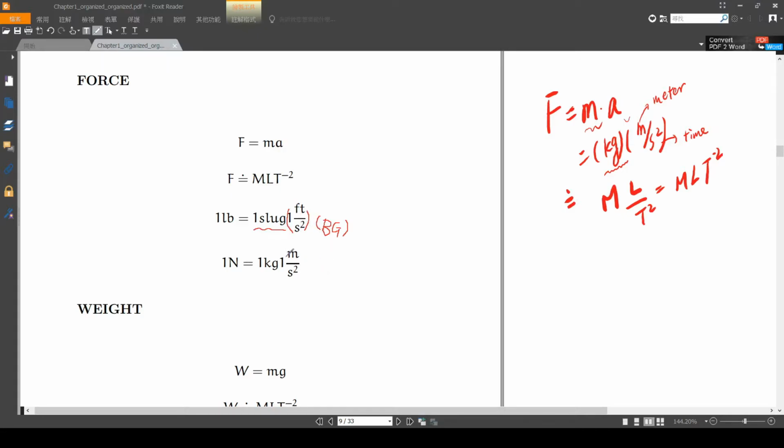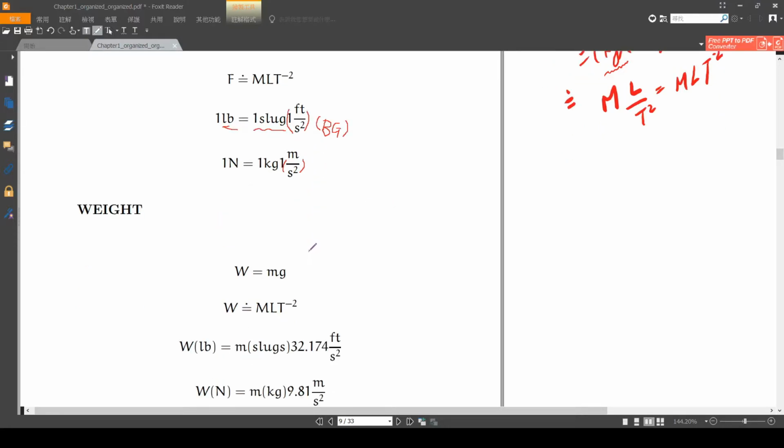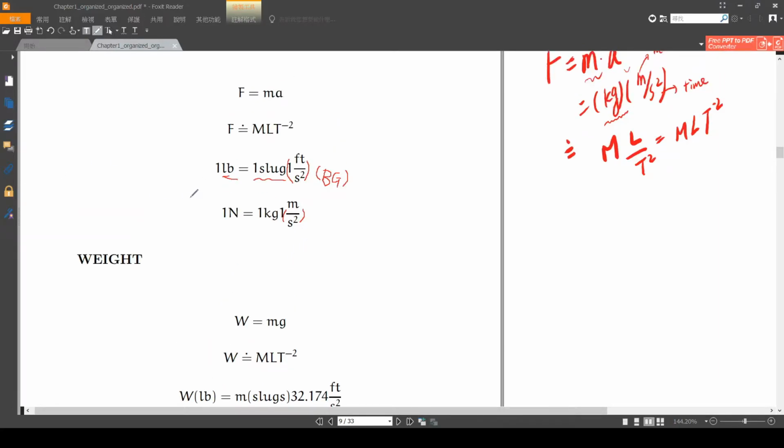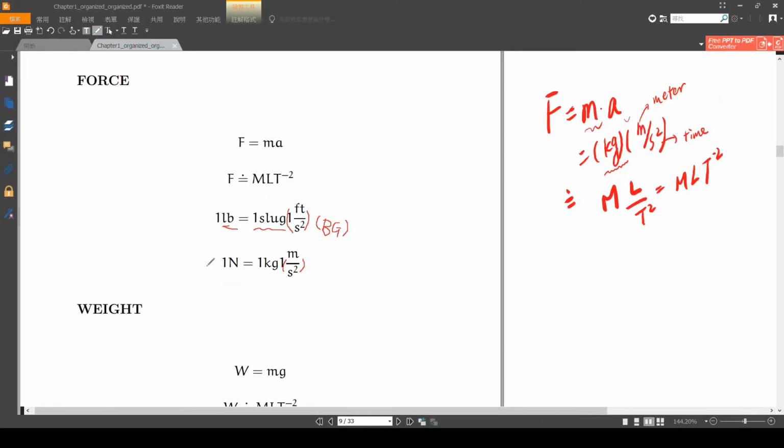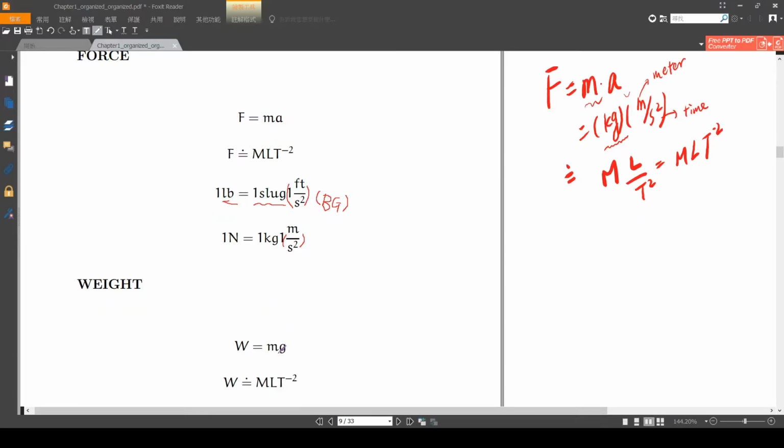Okay, this is the unit in the BG system, and the unit in the SI system, which we are more familiar with, works like this, and this is called a Newton. The abbreviation is N, and then this is the pound in the BG system. For the weight, it's more like this. It's just similar to the force. The difference between the weight and the force is that it is times the g here.